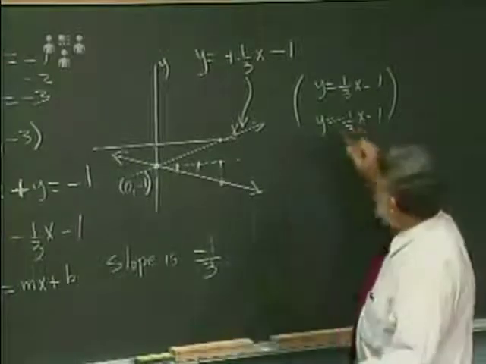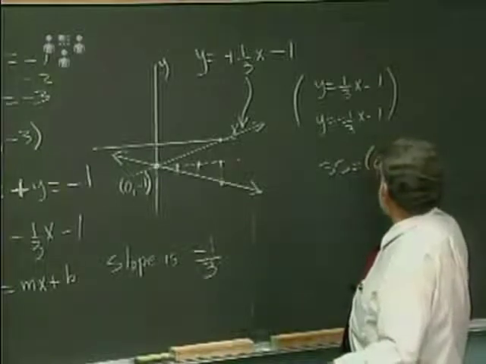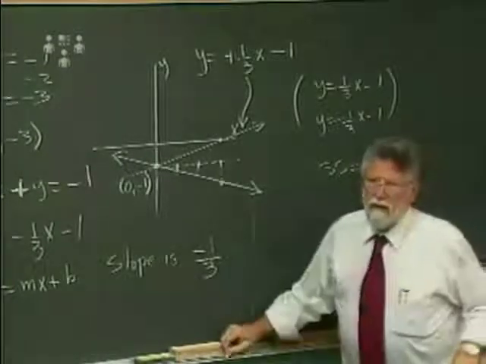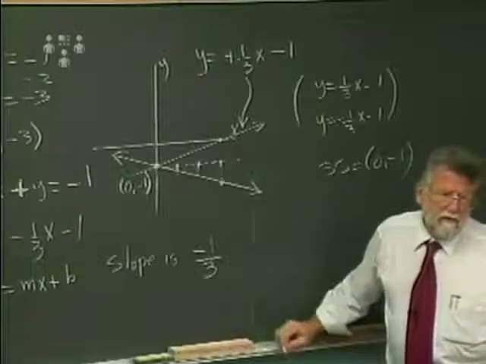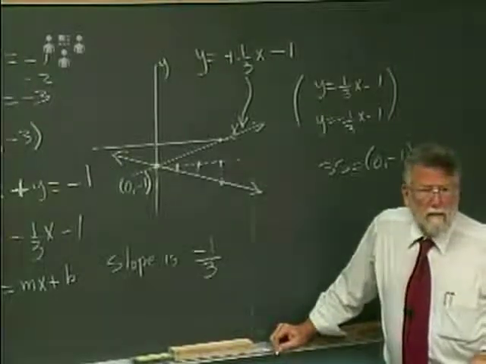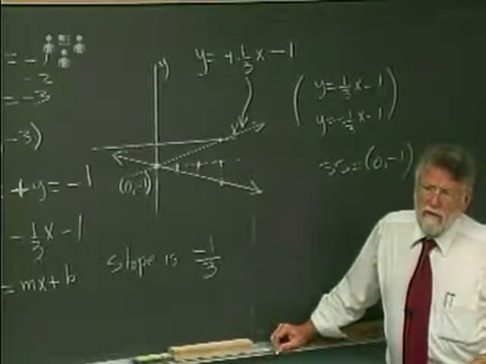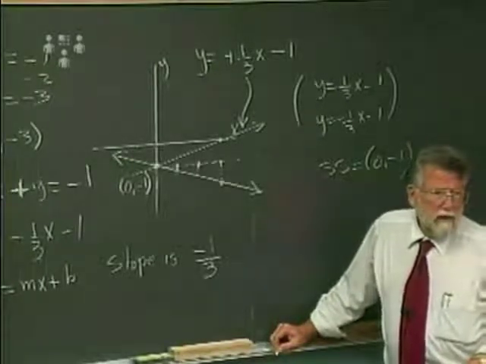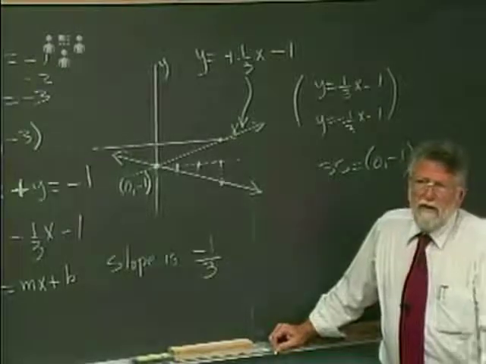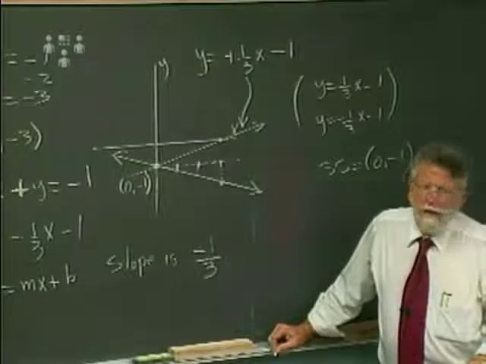So the solution to this system of equations is the ordered pair 0, -1. And we solve that using a graph. And that's, strictly speaking, a beginning algebra problem. We call that a simultaneous solution of a system of linear equations. We call them linear equations very simply. You get a line when you graph the points that are on them.